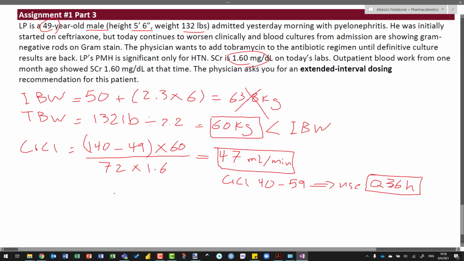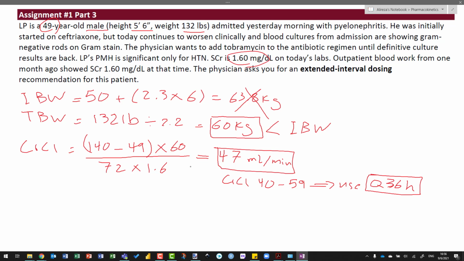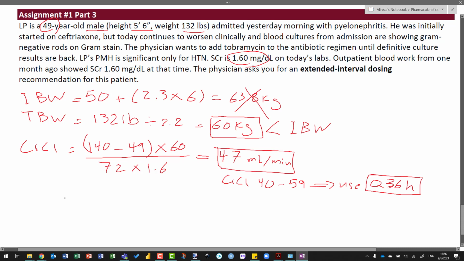Now for UTIs it's okay to use 5 milligrams per kilo, but this patient also has bacteremia, which is a more severe infection, so I'm going to use 7 milligrams per kilogram. We multiply by 60 kilograms, which gives us 420 milligrams.